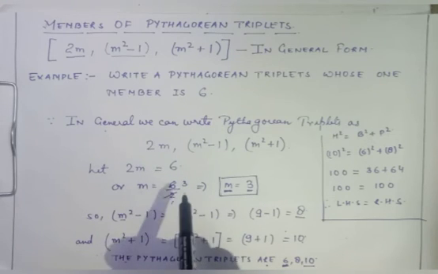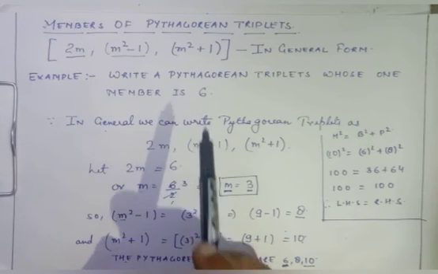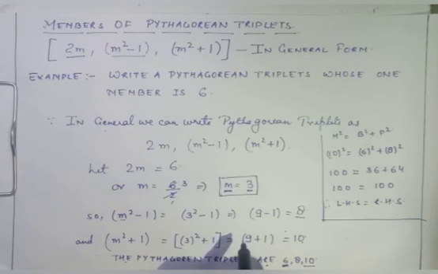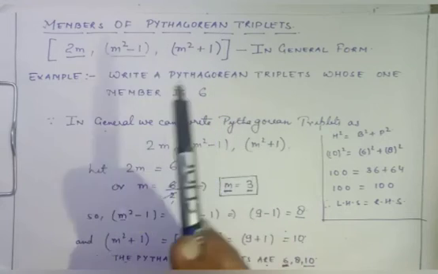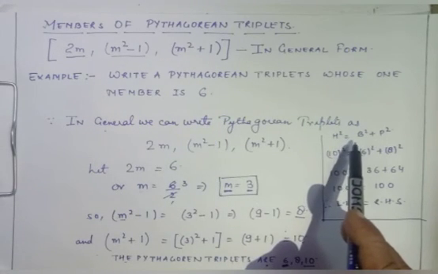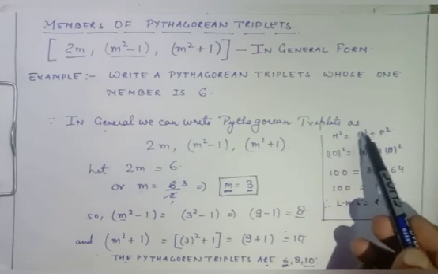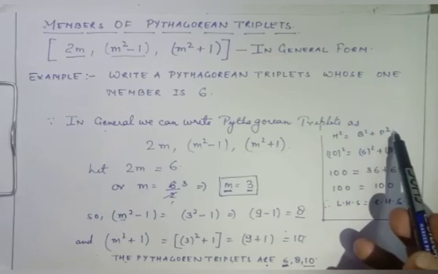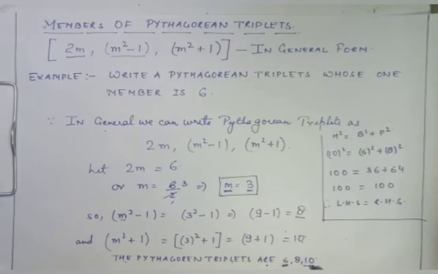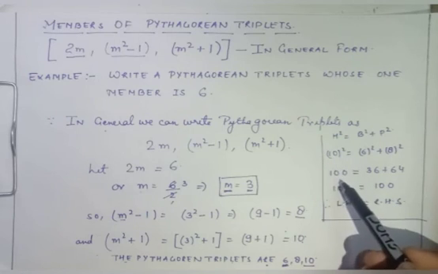Now if you have to check whether the given number and the numbers that you have found form a Pythagorean triplet or not, then again you have to follow Pythagoras theorem, that is H square is equal to B square plus P square. H is 10, so 10 square makes 100.